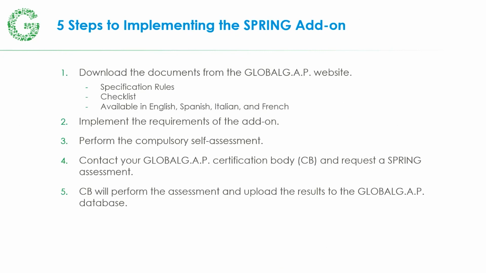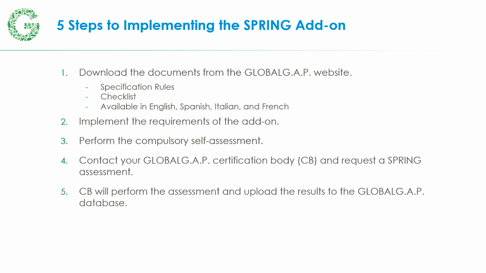Okay, then to clarify a little more, we are okay with the time. If you're a producer, you have 5 steps to implement Spring. The first part is know Spring. Know the requirements, know the control points, and know the general rules specification.